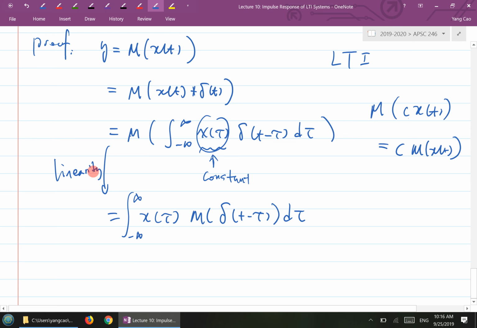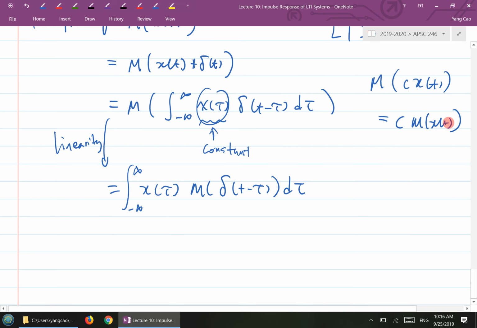It's not a very obvious linearity, but it is linearity. If you expand this integral and consider this as a constant, there are a lot of constants and a lot of additions. So you consider x of tau to be a constant, even though you're still integrating with respect to tau, because M operates on t.